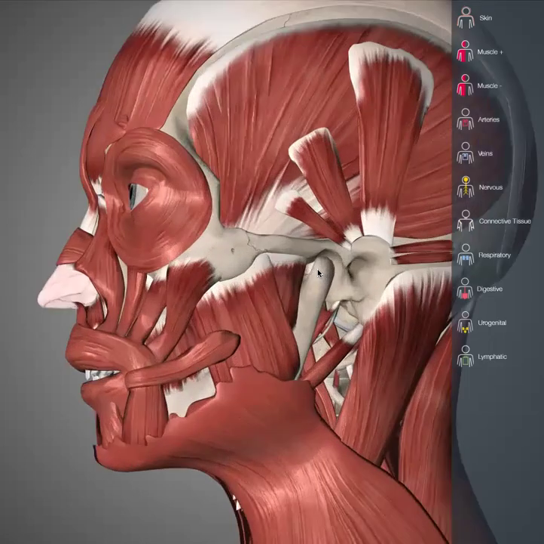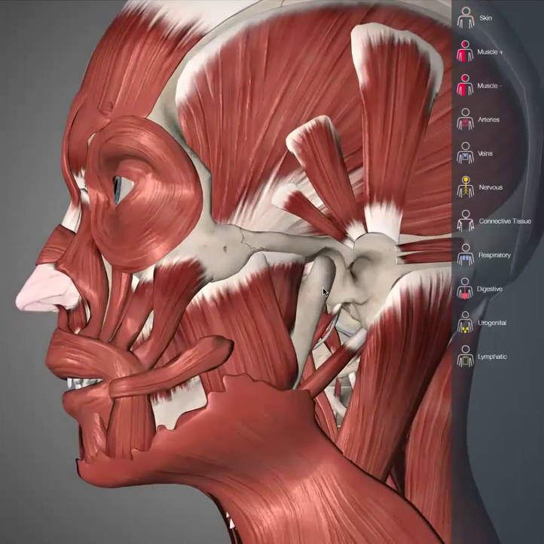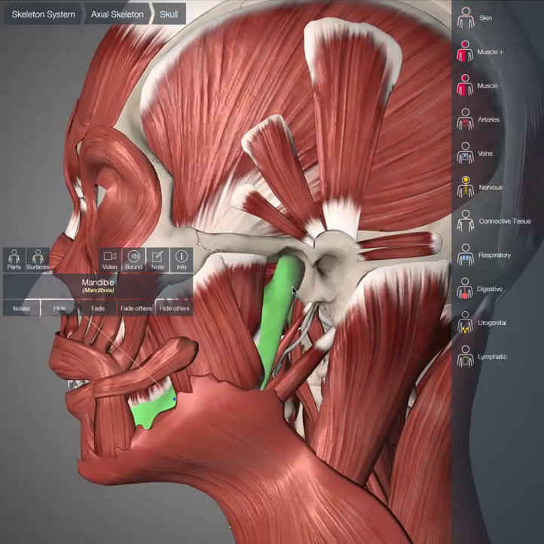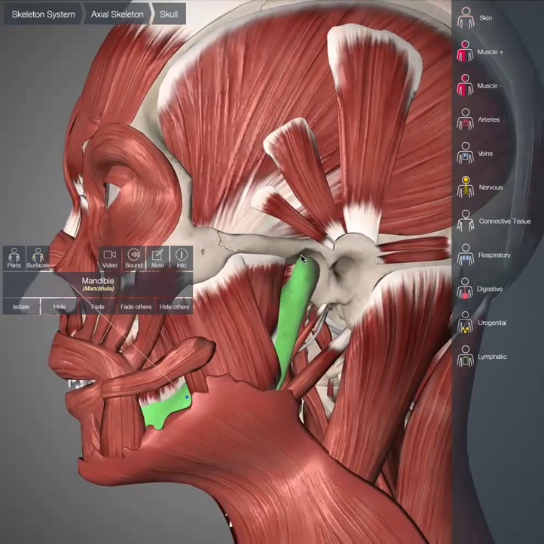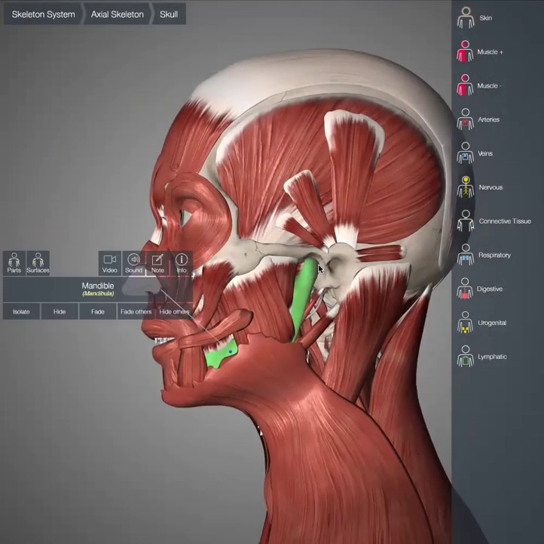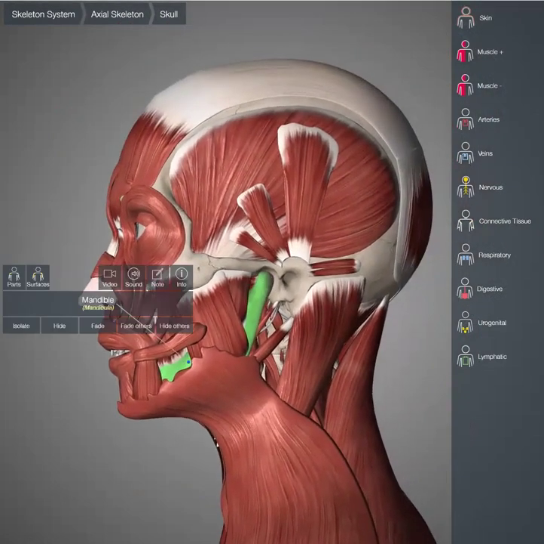The temporomandibular joint is the joint between the head of the mandible and the mandibular fossa on the temporal bone.